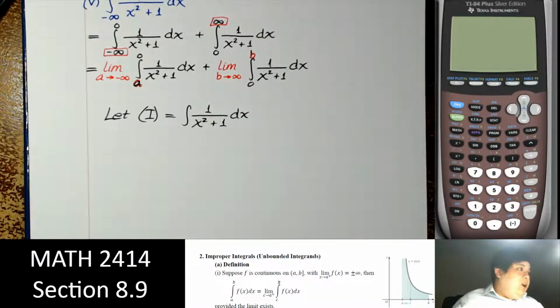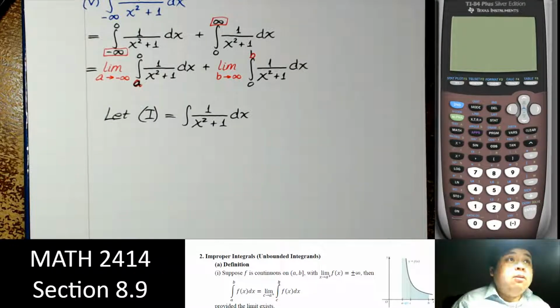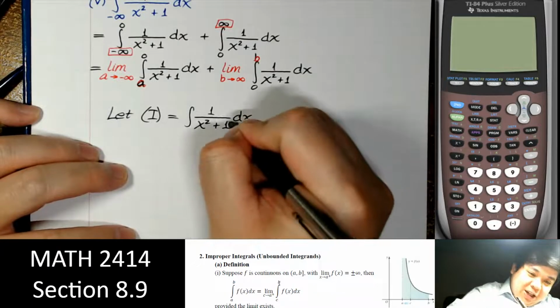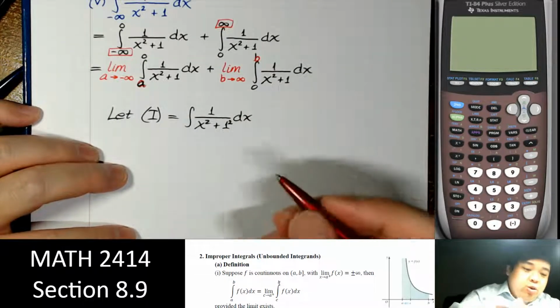How do we do this? This is section 8.4, Trigonometric Substitution, where we have a squared variable plus a squared constant, so we use trig substitution.